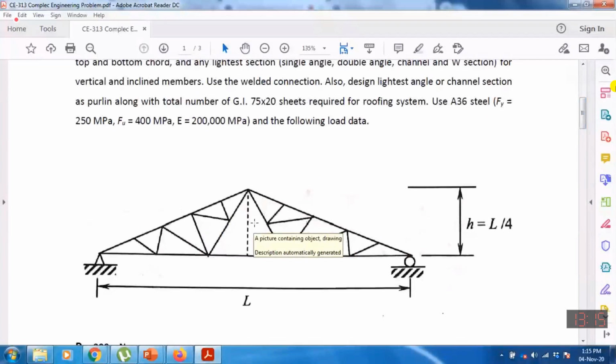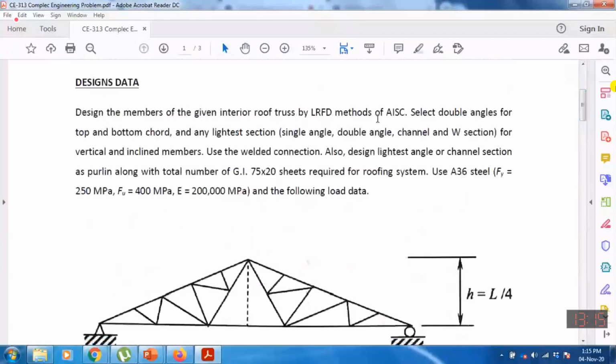Further, after designing the members of this truss, there are some details mentioned. What type of member do you need to select? You need to select the double angle chord, top chord and bottom chord.